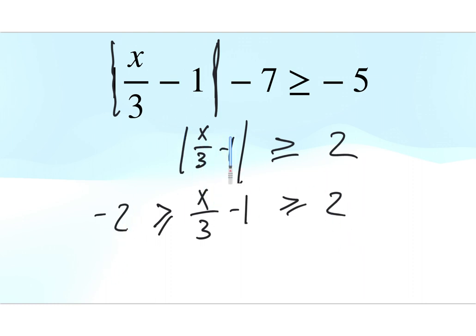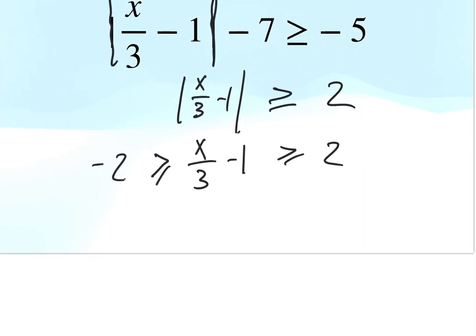Because this inside here could be positive or negative to give me a value of 2. So 2 or negative 2 would give it to me. So the negative 2 is over here. And because it's an inequality, I keep the same direction, I should say. So negative 2 greater than or equal to this, greater than or equal to 2.